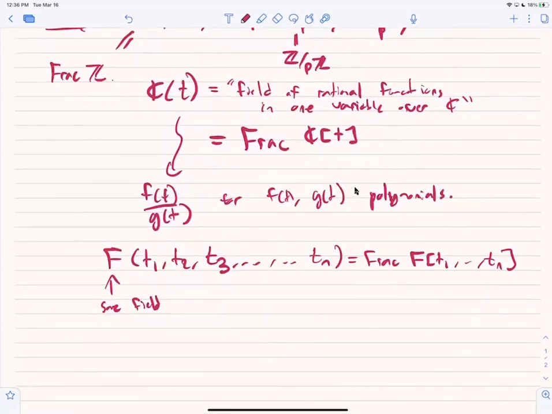There's no reason I have to stop at n variables. I could take countably many variables. I define the field of rational functions in countably many variables to be the fraction field of the polynomial ring in countably many variables.